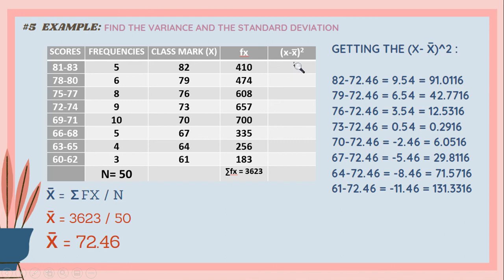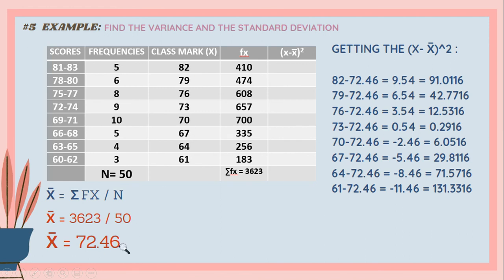So, we are now going to continue finding the answers for the other columns, which is x minus mean squared. Getting the answer for this column is done by subtracting the mean from the class marks and then squaring our answer.